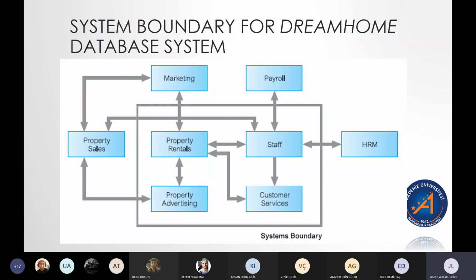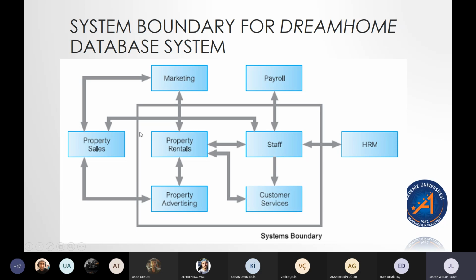One thing that we will need to be aware of is what our system's boundary is. So one thing, for example, is staff, right? Staff gets a salary from the payroll system, but that's not really what our focus is, is it?